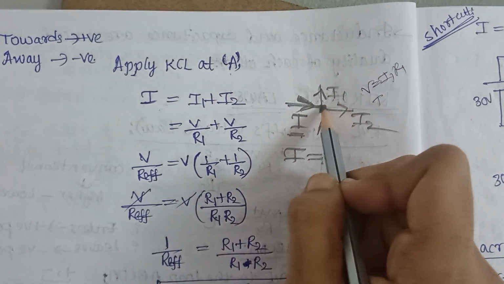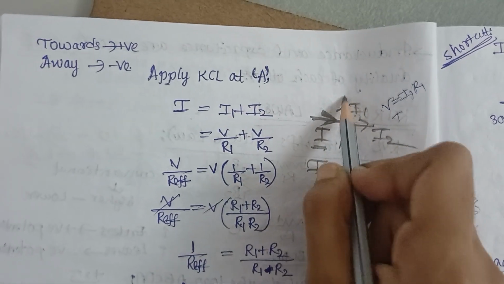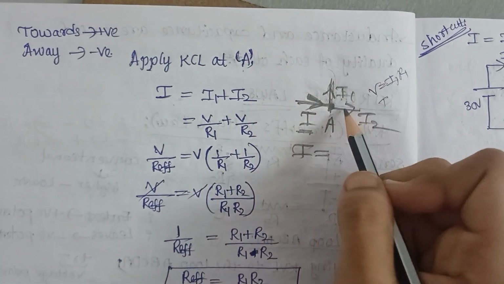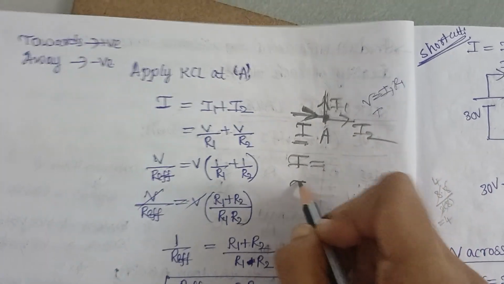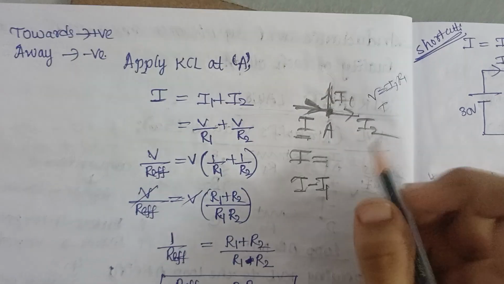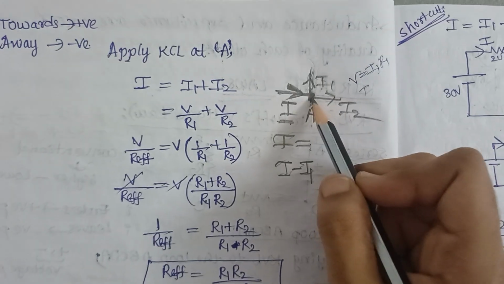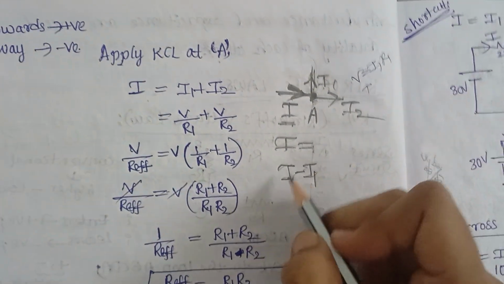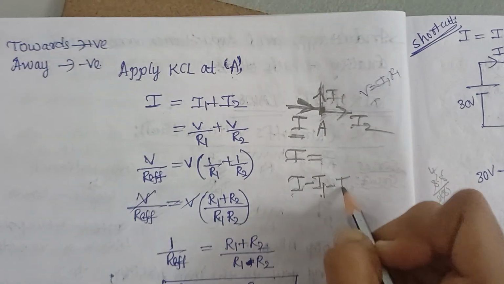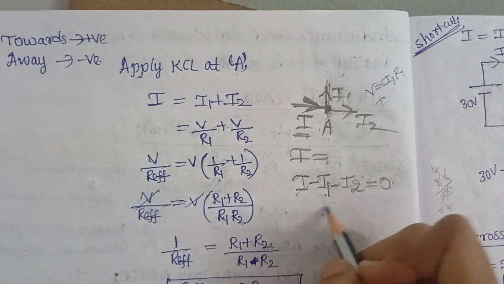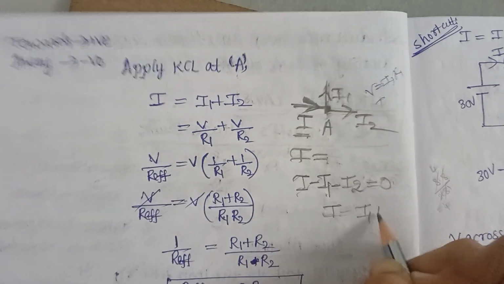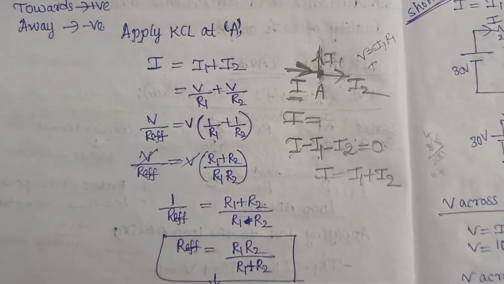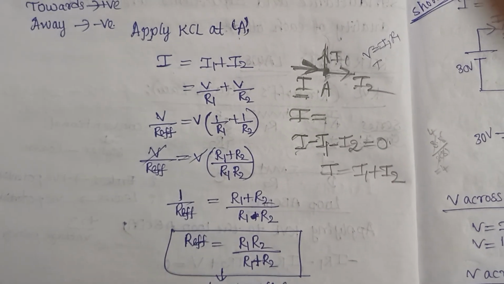And now if you see I1, it is away from the junction, that is, it is moving away from this A. So it should be considered as negative. So I minus I1, and since your I2 is also moving away from this junction, it should again be considered as negative. So I minus I1 minus I2 is equal to 0, which is nothing but I is equal to I1 plus I2, or simply the sum of currents entering the junction is equal to the sum of currents leaving the junction.